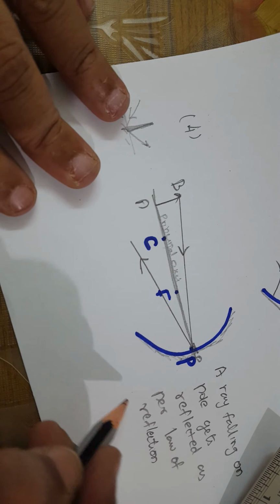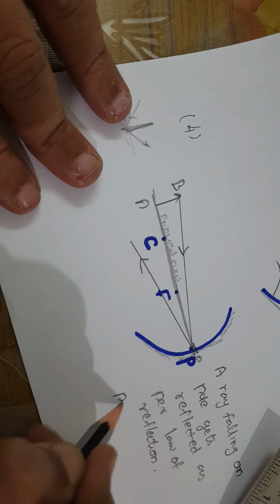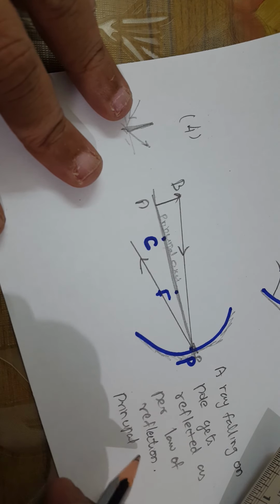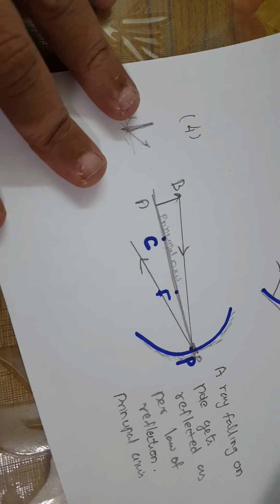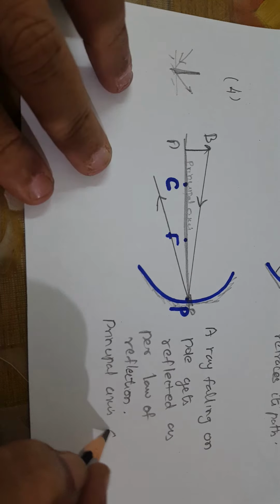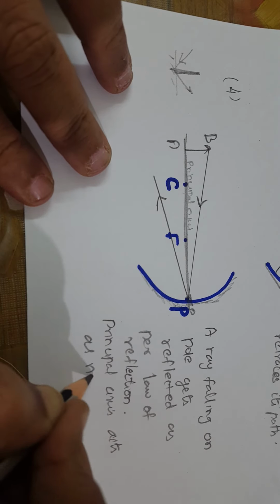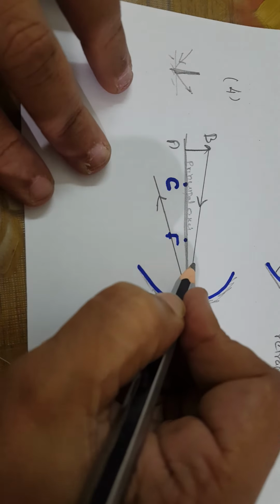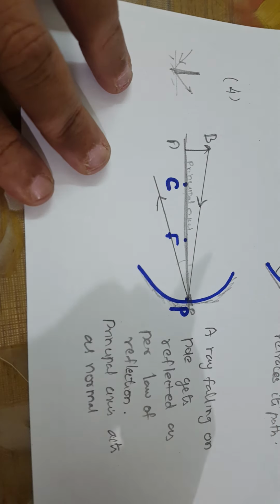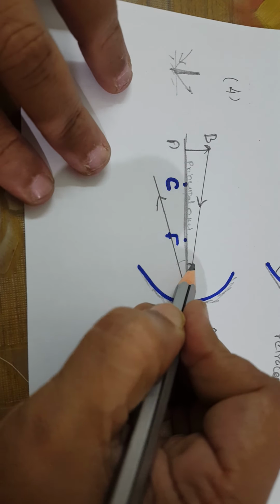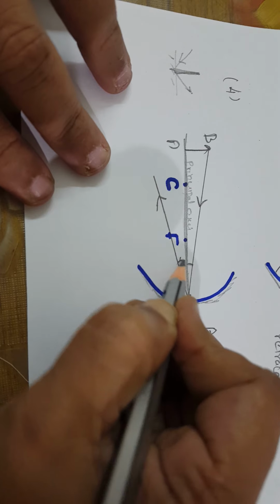Okay, here the principal axis acts as the normal, right? So this will be the angle of incidence and this will be the angle of reflection.